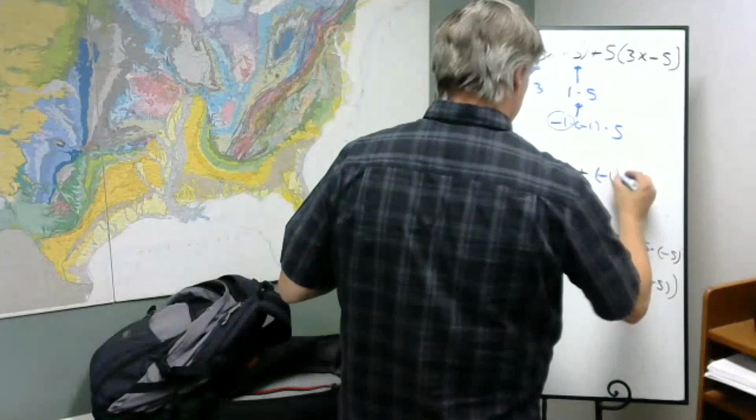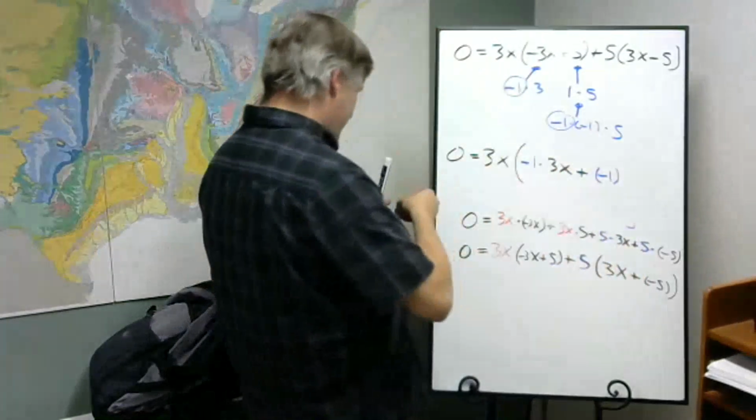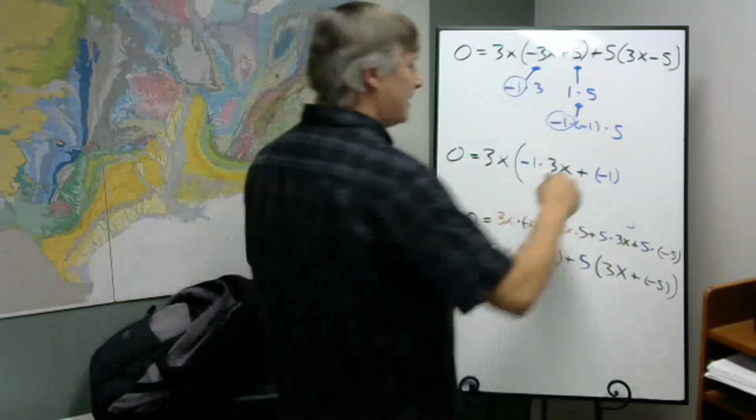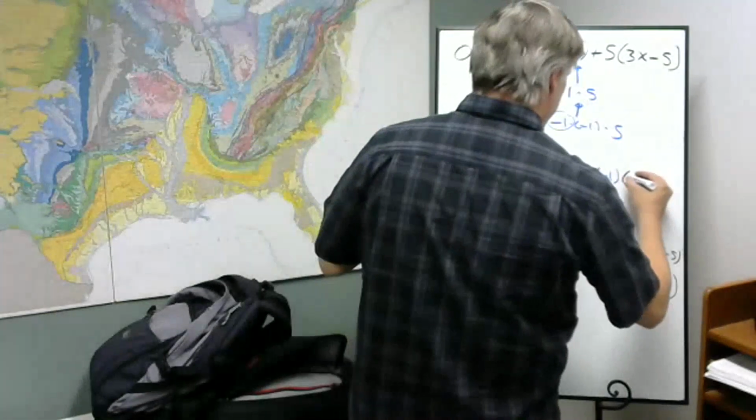So -1 times 5 is -5. So we'll leave this behind, the -5.